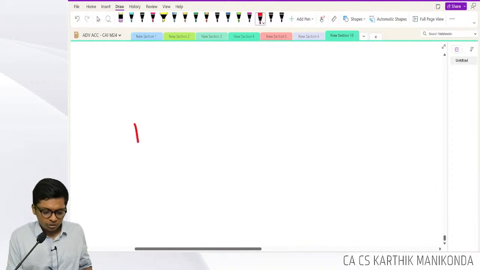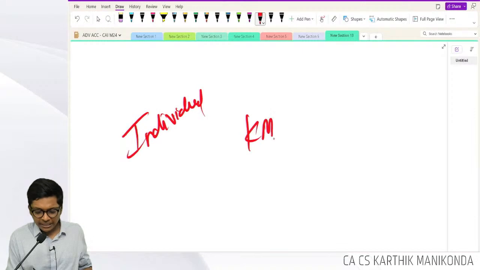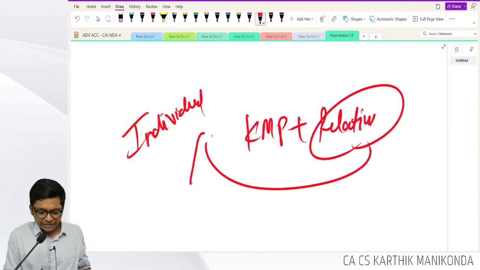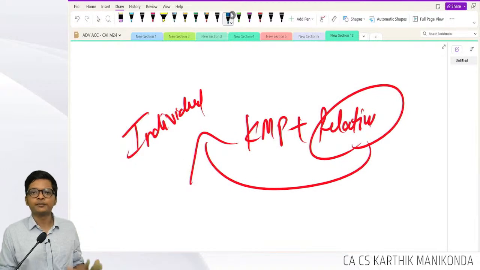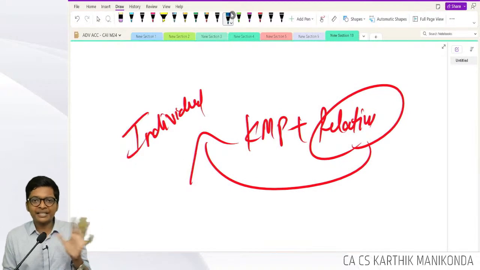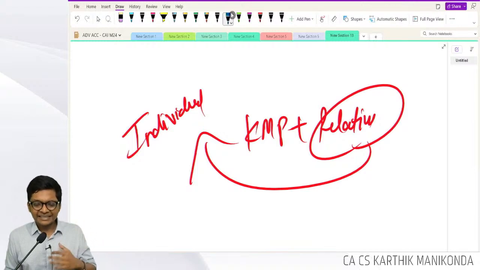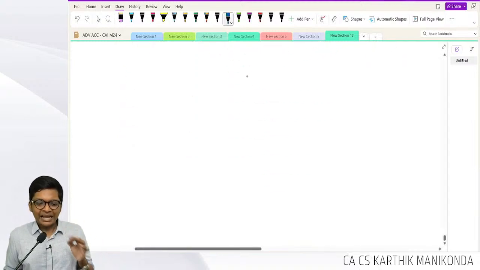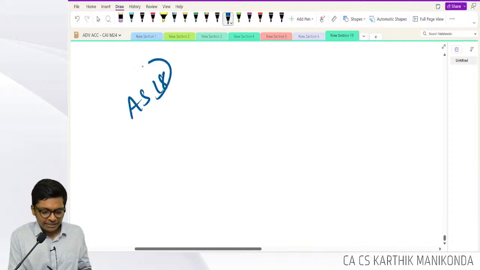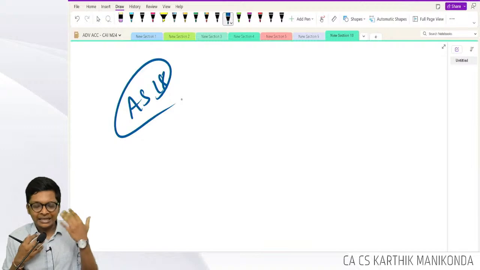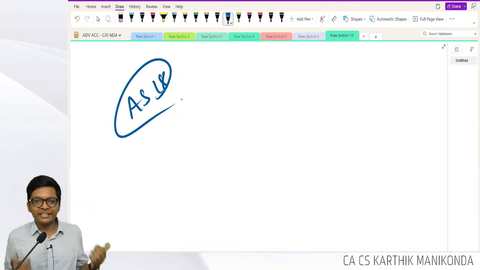Sir, what about individuals, sir? You said KMP plus relative. Who is the relative for an individual? Simple. It's not father, brother, mother, no. They are saying, basically it's a very nice definition. As per AS 18 related party definition, Mukesh Ambani and Anil Ambani are not related parties because they don't talk.